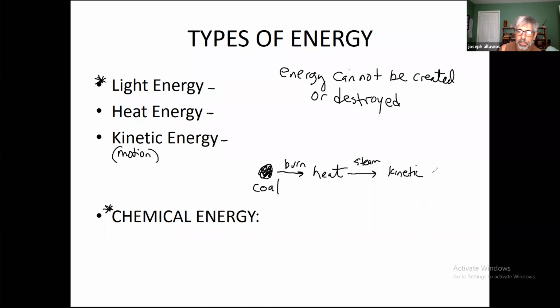And then I come into my house and I flip the light switch. Like magic, that electricity from the kinetic energy is in the line, and I convert it to light energy, and then I can see in the dark, right? So you can see there's this energy transfer that's occurring from one form to another as we go from burning coal to turning on a light switch and having light.